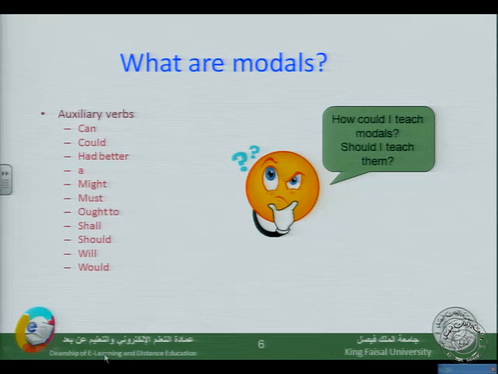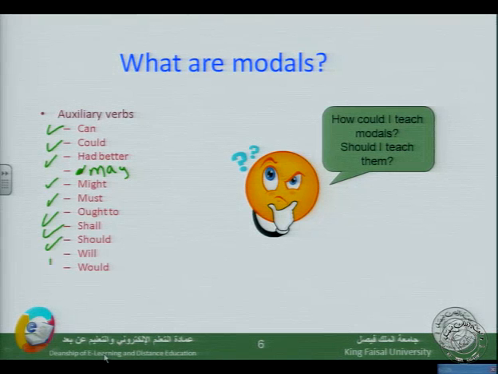What are English modals? هذه جميعها can, could, had better, might, must. هنا لازم تكون may, by the way. Must, ought to, shall, should, will, and would. All of these are modals.